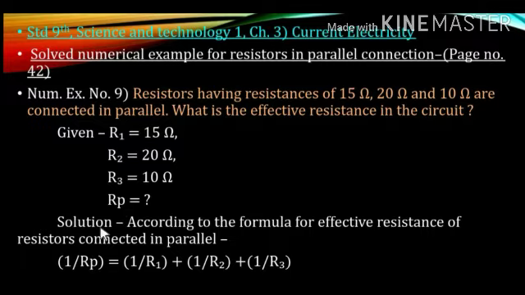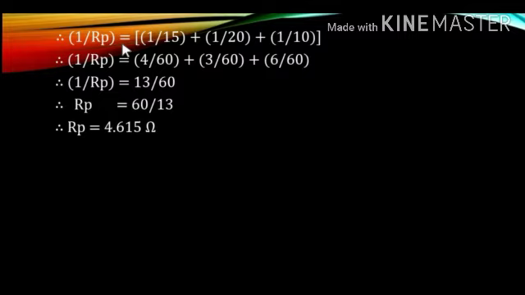Now solution is, according to the formula for effective resistance of resistors connected in parallel, the formula is 1 by Rp is equal to 1 by R1 plus 1 by R2 plus 1 by R3. Now putting the values of R1, R2 and R3 in the formula, we will get 1 by Rp is equal to 1 by 15 plus 1 by 20 plus 1 by 10.